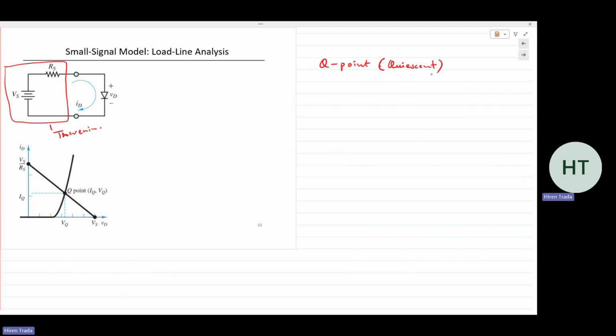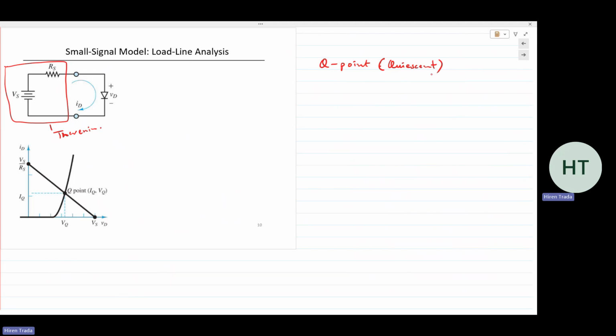This is especially important when we get to BJTs, which is like next class and then next lab next week. Bipolar junction transistors, diodes, we're applying DC voltages, and we set the diode or the transistor to operate at a fixed point. DC is constant, doesn't change. So it's operating at a fixed point.